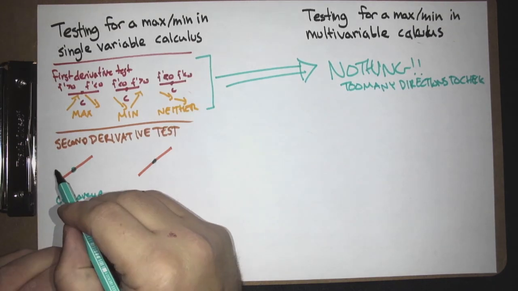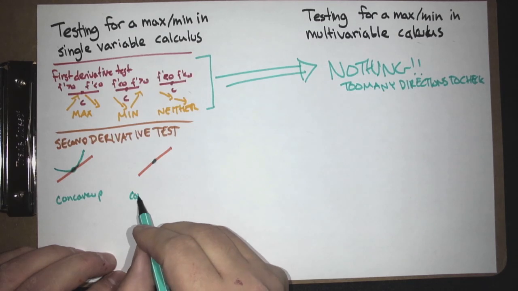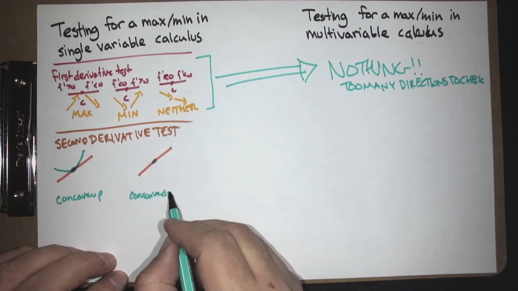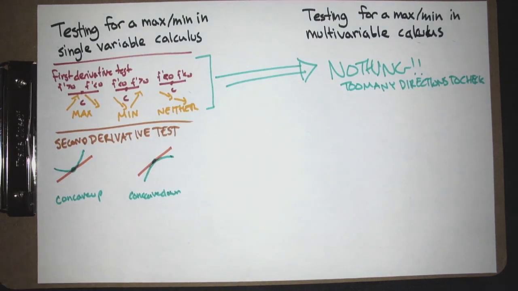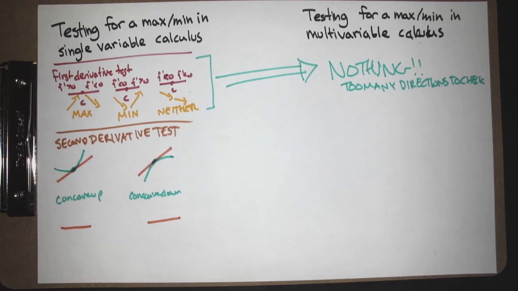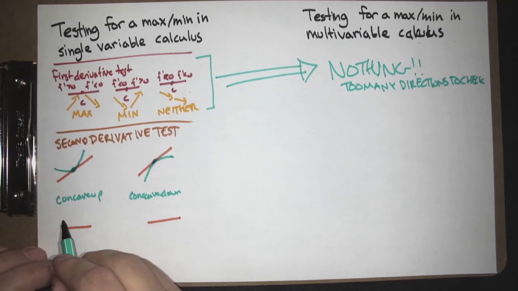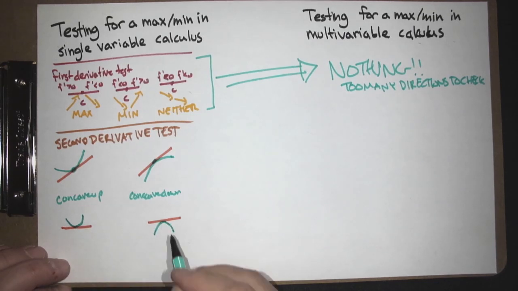Concave up says I'm coming up on the upside. Concave down says when I come off the tangent line, I'm coming on the downside. So that's concave up versus concave down. So how does this relate? Well, when we're at a critical point, our tangent lines are flat. So concave up says locally we look like this, and concave down says locally we look like that.